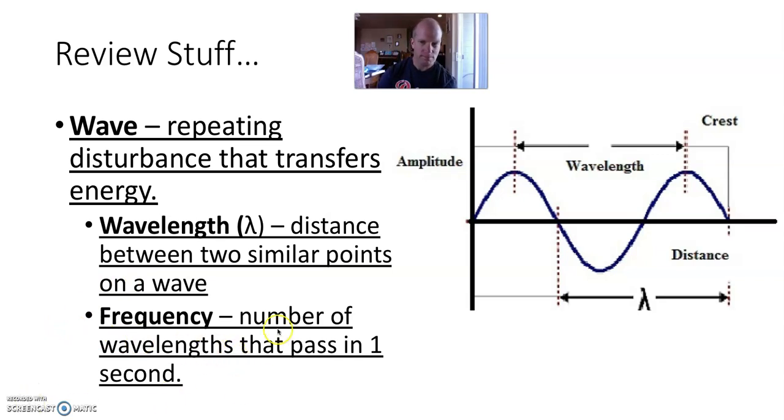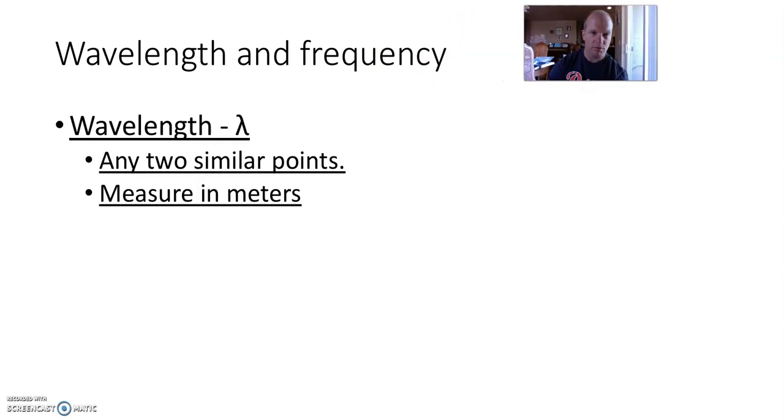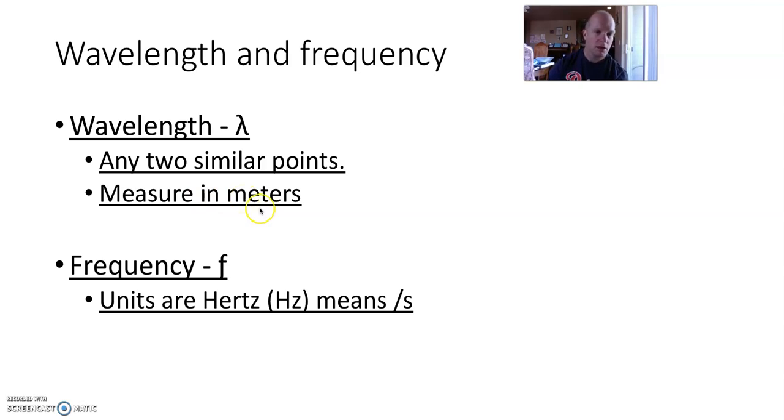Okay? And so a little bit more about wavelength and frequency. And again, this might be review for you. So wavelength has this symbol right here. This is called a lambda. It's actually a Greek letter. You can say that with me, lambda. Yeah. So any two similar points, and we measure it in meters, you guys. Okay? Then the other one is frequency, which is actually a Greek letter too, but it looks like an F, so that makes total sense.